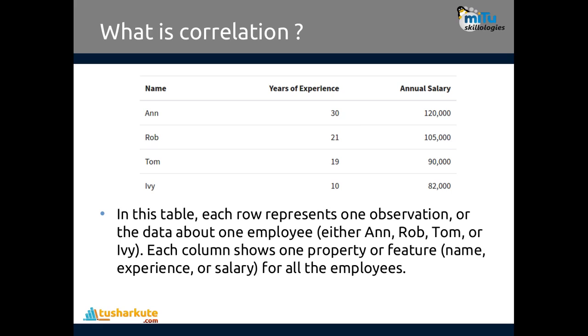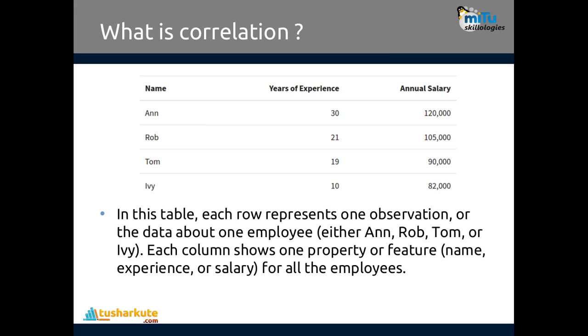In this table, each row represents one observation, or the data about one employee, which are Anne, Rob, Tom and Ivy. Each column shows properties or features like name, experience and salary for all employees. So three things are mentioned there: name, experience and salary.